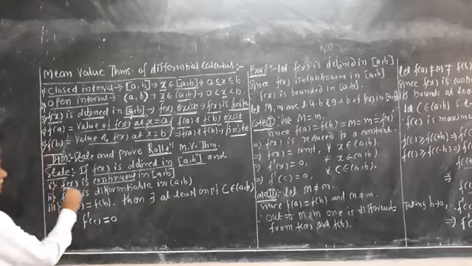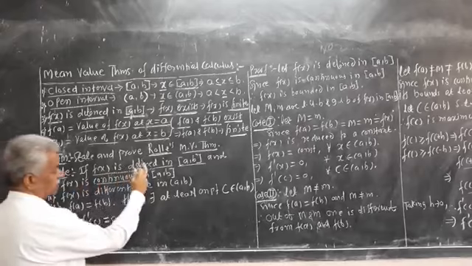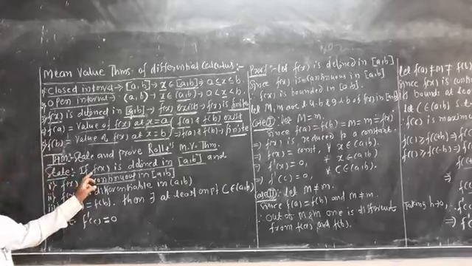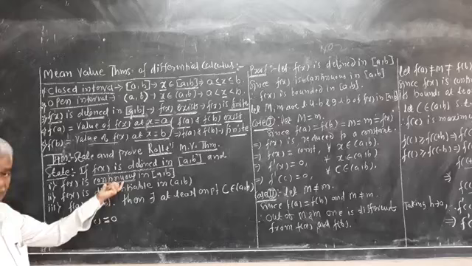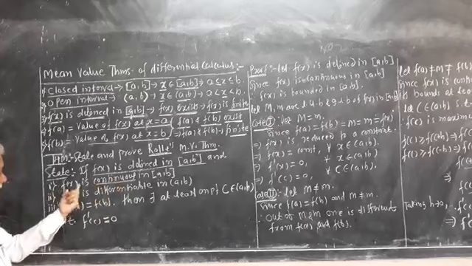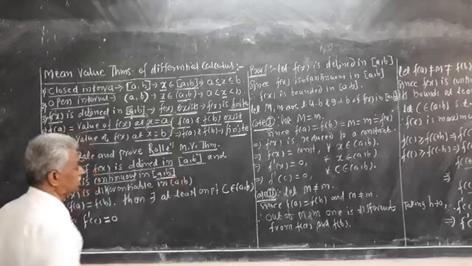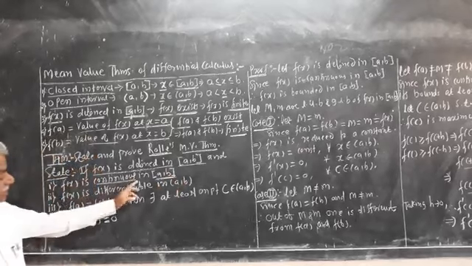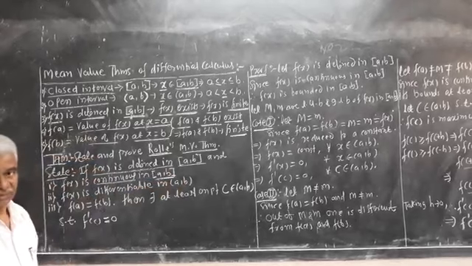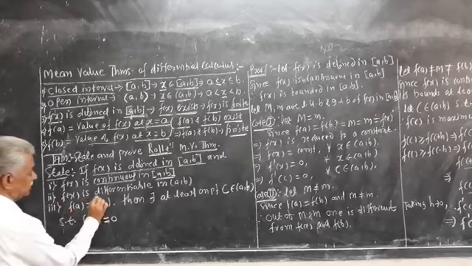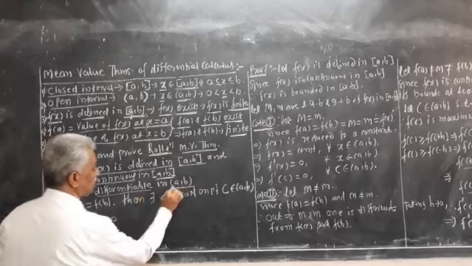We have the function f of x, which is defined in the interval a, b, and this function satisfies certain conditions. Out of that, the first condition is always about the continuity, and hence f of x is continuous in the closed interval a, b. Then the second condition is about the differentiability of a function, and f of x is differentiable in the open interval a, b.